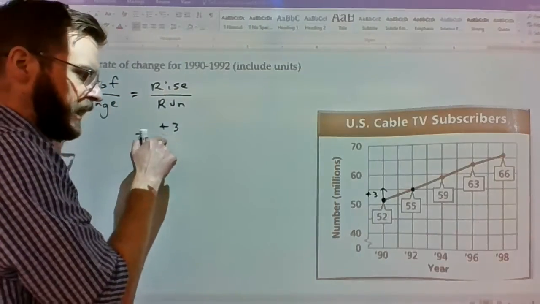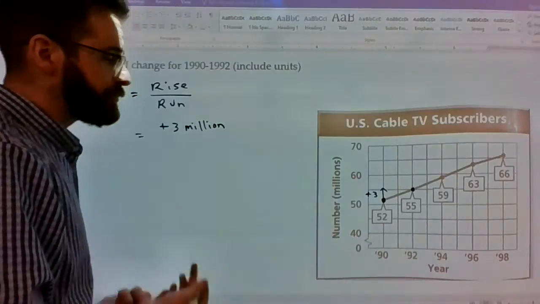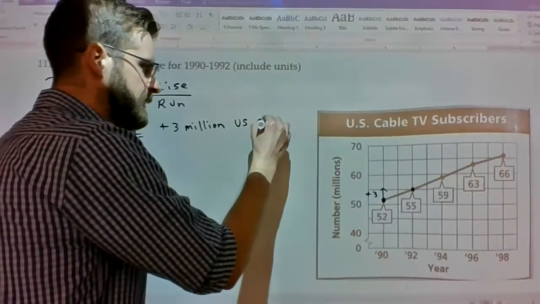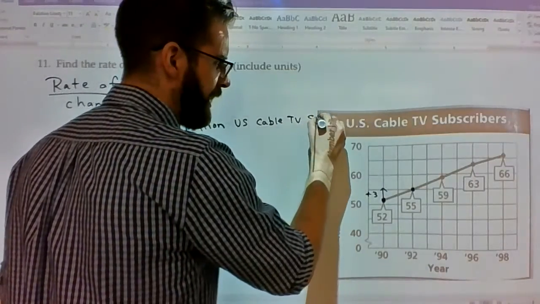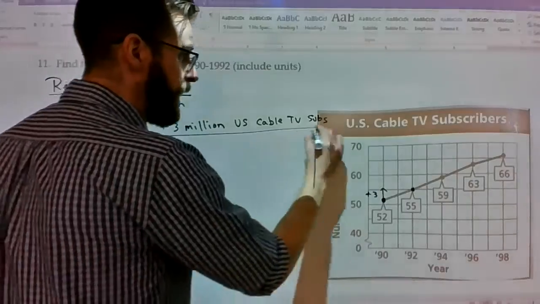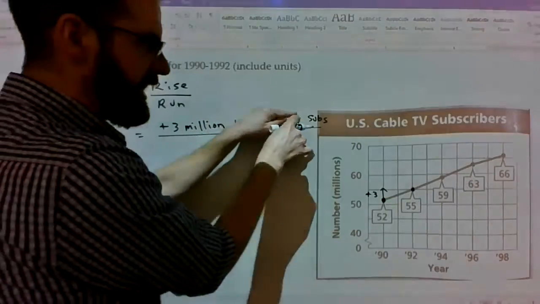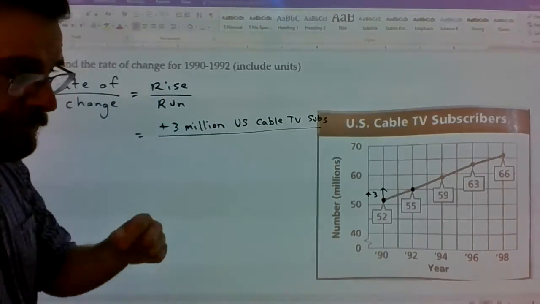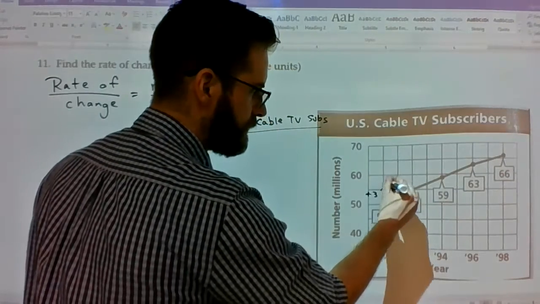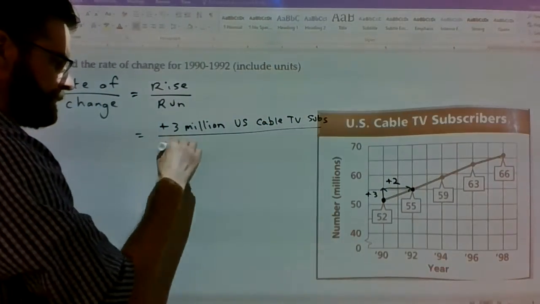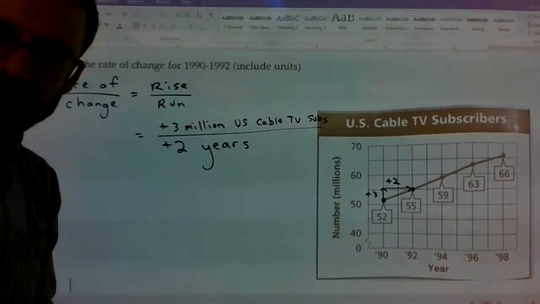So this is really plus 3 million U.S. cable TV subscribers. I'll just put subs. That's my rise. I rose 3 million U.S. cable TV subscribers over the course of 2 years. And that's my rate of change.